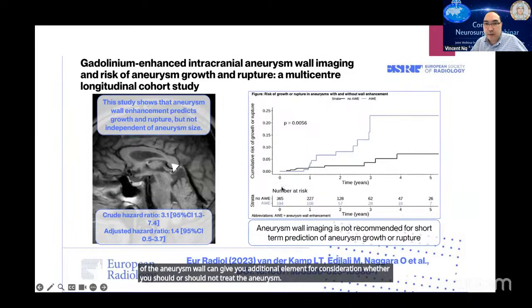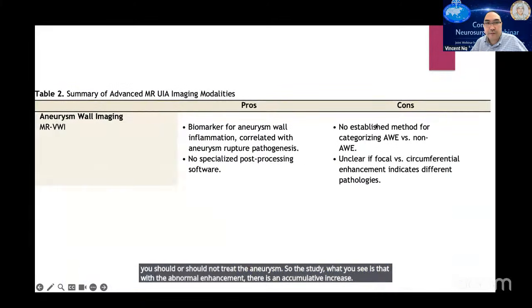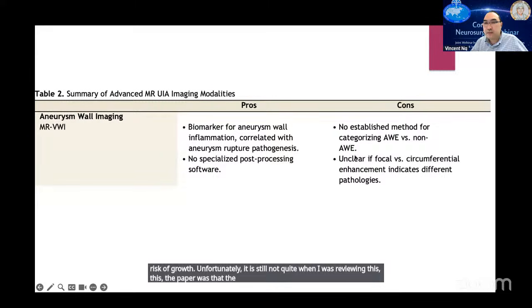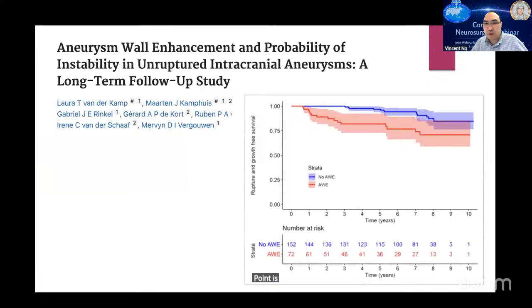With abnormal enhancement, there is an accumulative increased risk of growth. Unfortunately, when I was reviewing the papers, the con is that the method may not be fully established, in terms of AWE versus non-AWE, and whether focal or circumferential enhancement indicates different pathology.